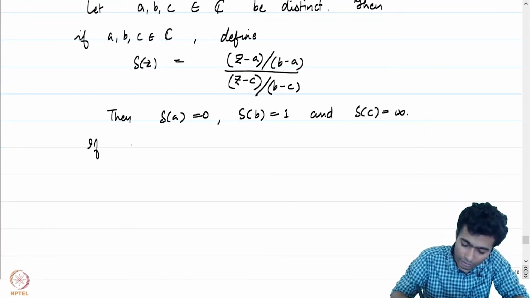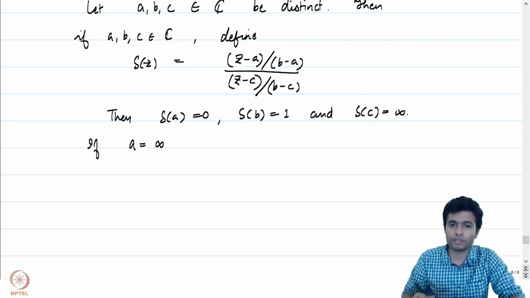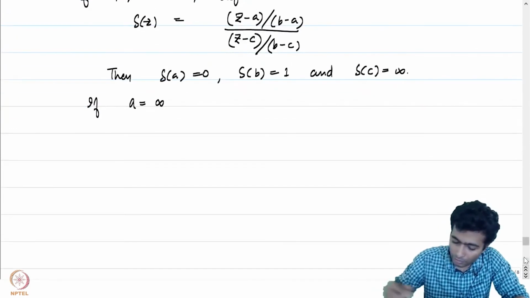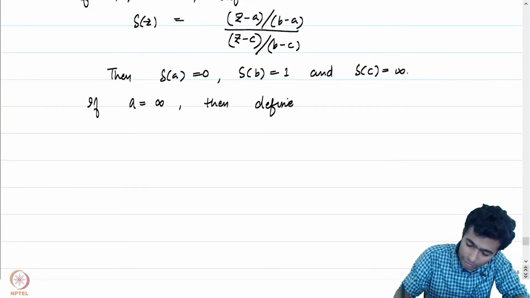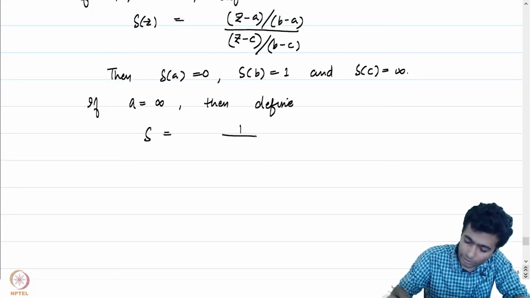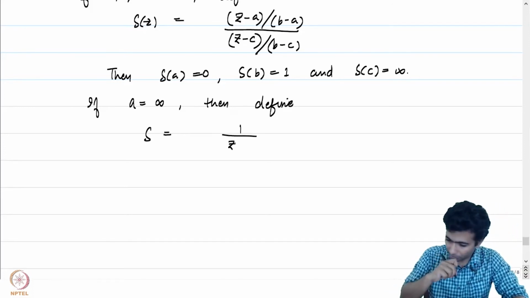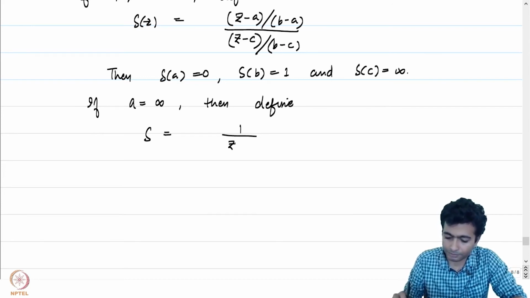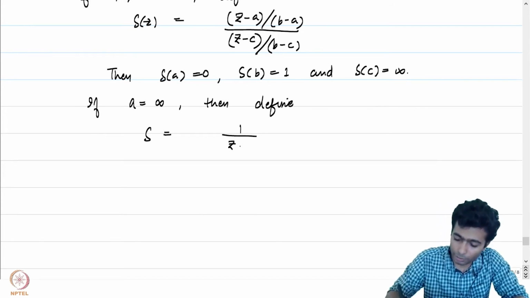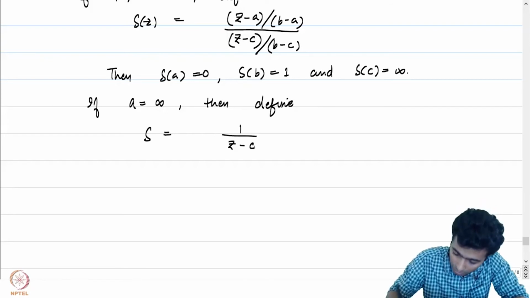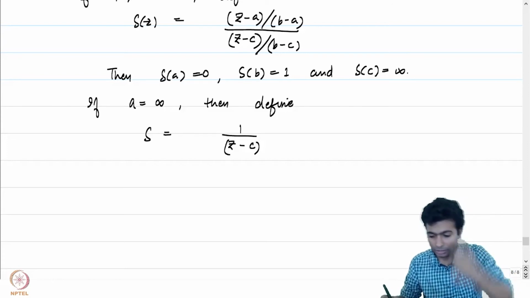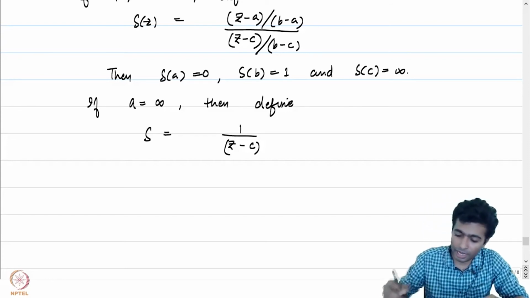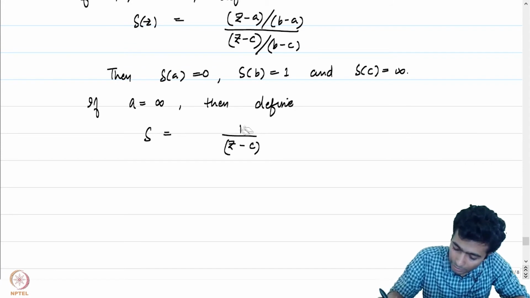This can be arranged when one of them is infinity as well. So if A is equal to infinity, let's see what happens. Then define our S of Z in the following manner. A should be sent to 0, C should be sent to infinity and B should be sent to 1.